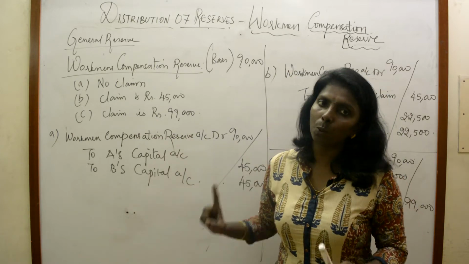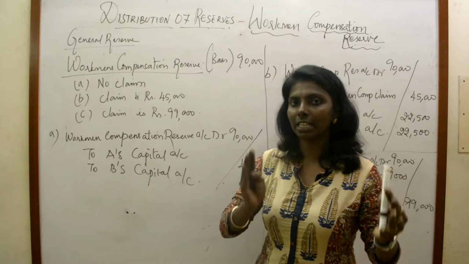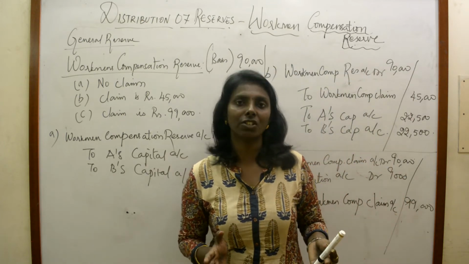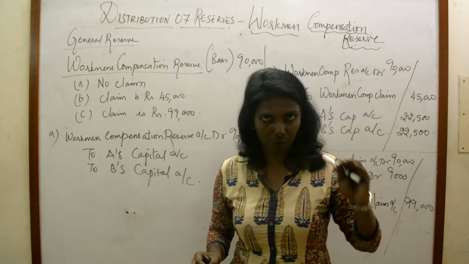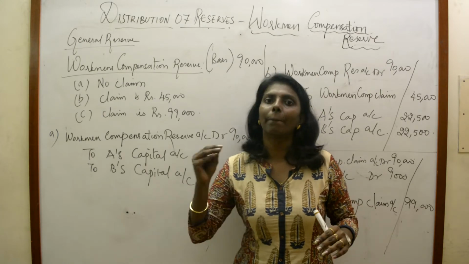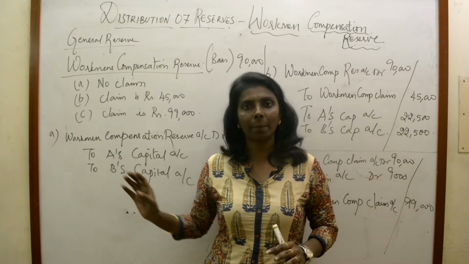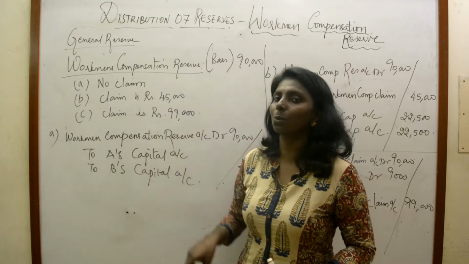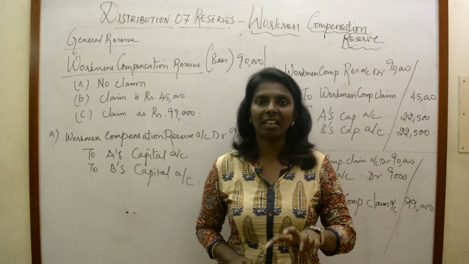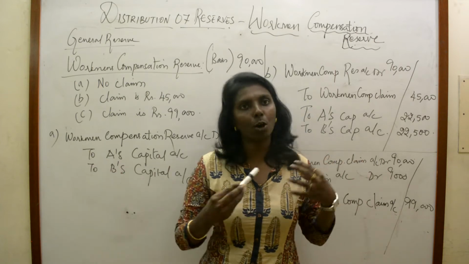Now case 1, how are we going to deal with it? I've already explained what workmen's compensation reserve is all about. It's a specific reserve created for the purpose of meeting any claims regarding workmen's compensation. So in case 1, there is no claim to be met out of the reserve.